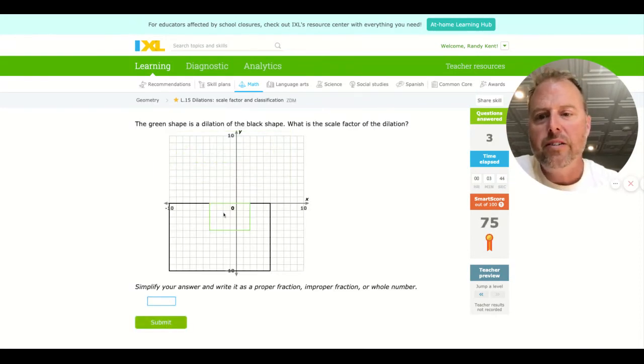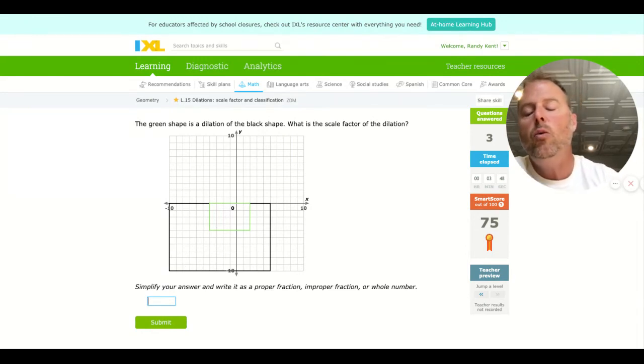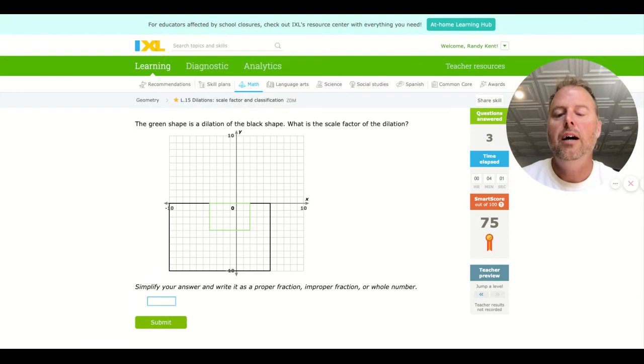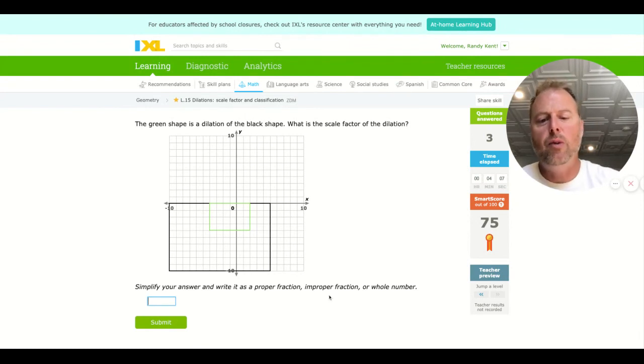Okay. Green is a dilation of the black. So we're going from bigger to smaller. So again, we're going to be shrinking it. So we're going here. This looks like it's at 5, 0, while this is at 2, 0. So how do you go from 5 to 2? Well, 5 divided by 2 would be 2.5. Okay, but they want this as an improper fraction or a whole number.